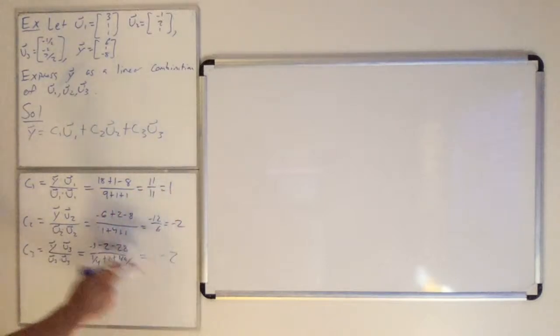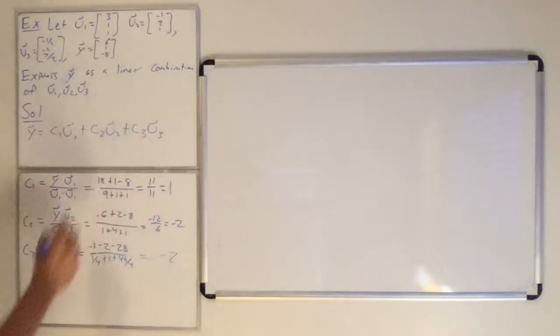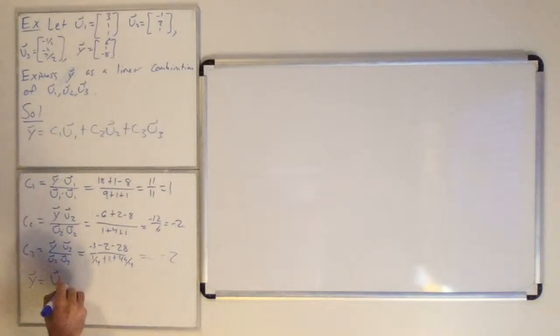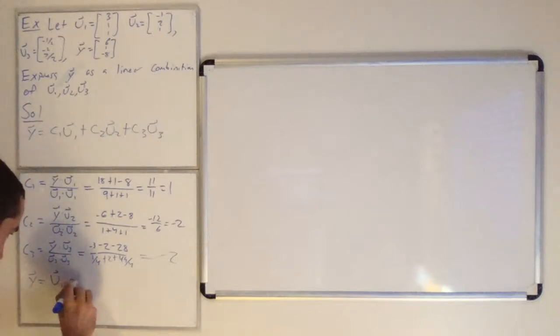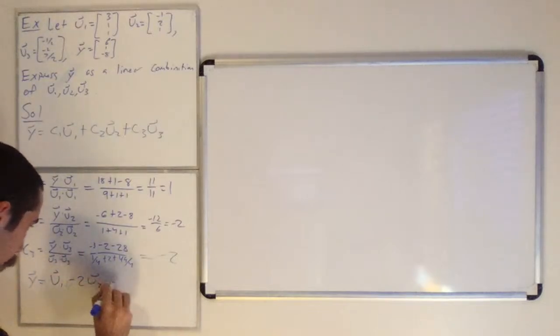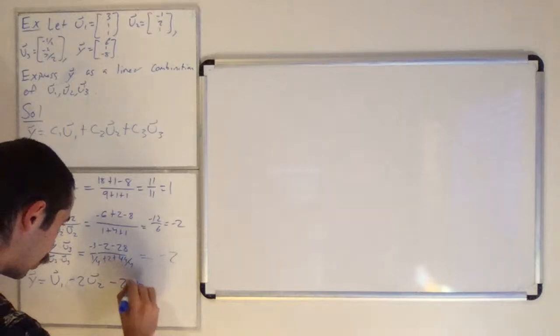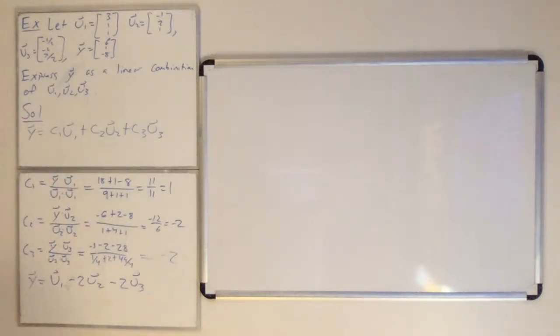Okay, so just double check this on your own, but we're not going to go through that. We can conclude that y is equal to 1 times u1 minus 2 times u2 minus 2 u3. So this gives us a quicker way to express y as a linear combination of these basis vectors.